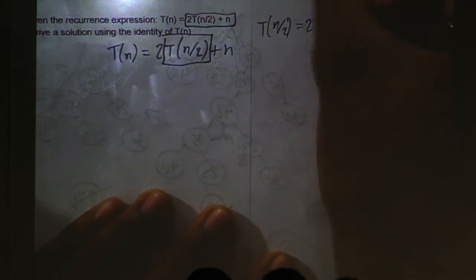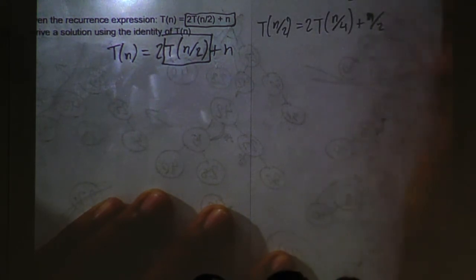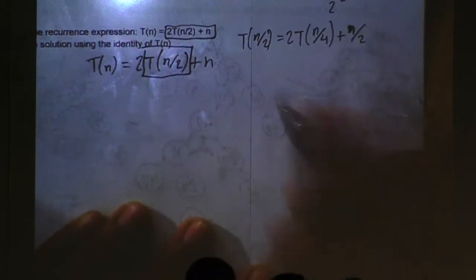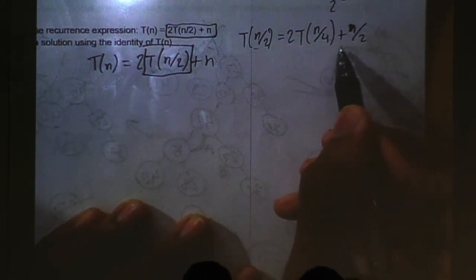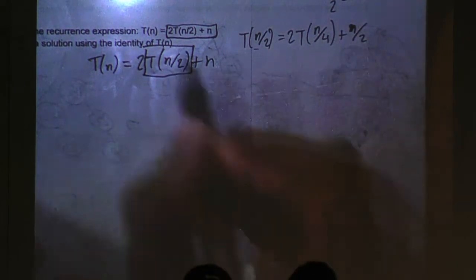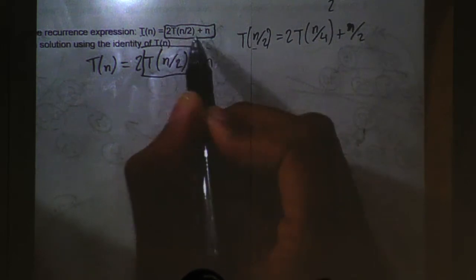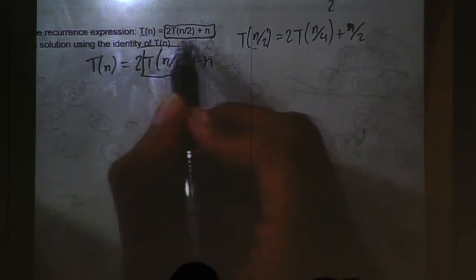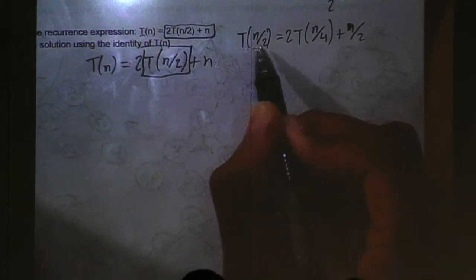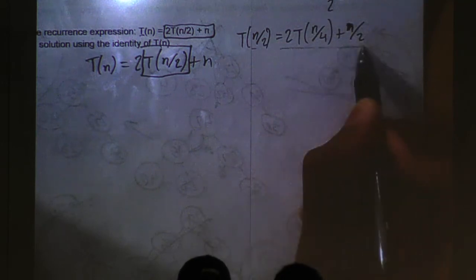So it'd be 2T n over 4 plus n over 2. Do you guys get this part? What I did here: I took this equation he gave you where T of n is this equation, and everywhere you see n in this equation, I put n over 2 because we're trying to find T of n over 2. And that's how we got this equation here.